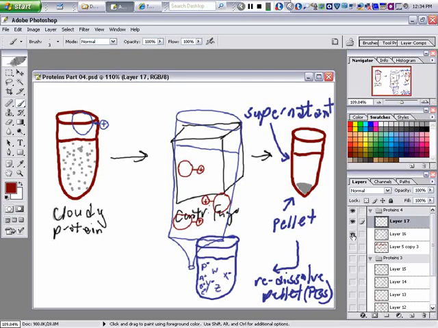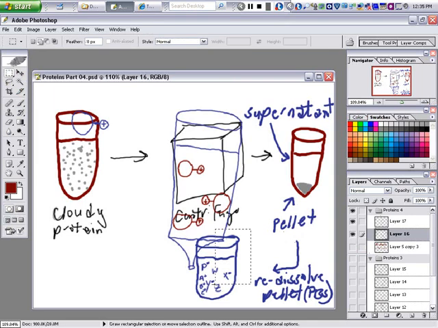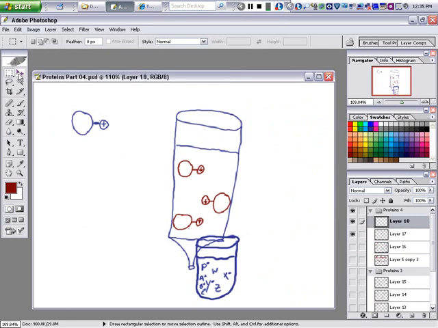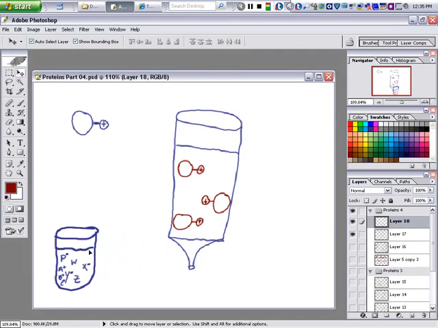I'm just going to get it from this page here, so I won't have to redraw it again. Okay. Now here's our protein solution. Now we're going to add that entire solution to this column here.